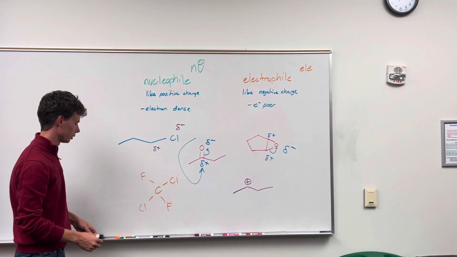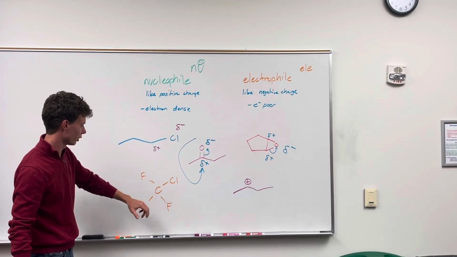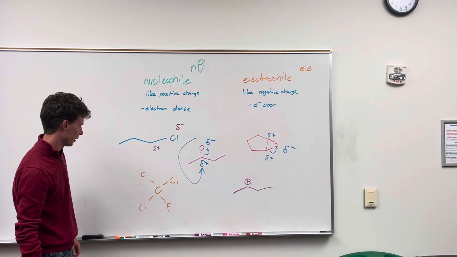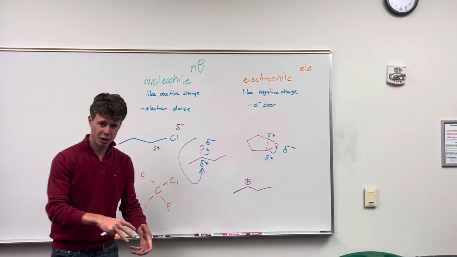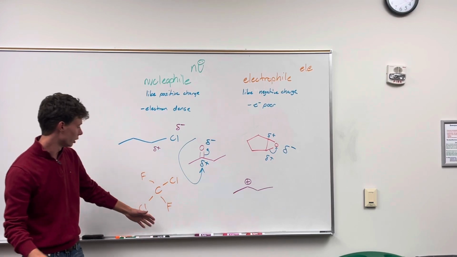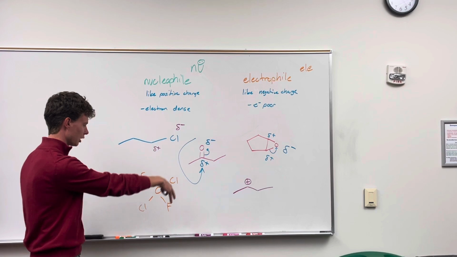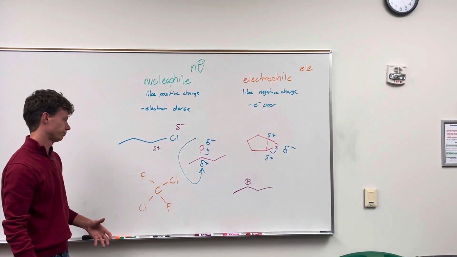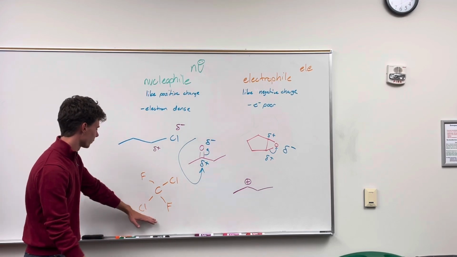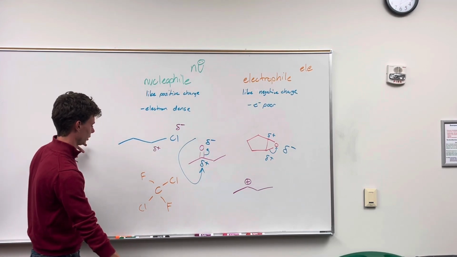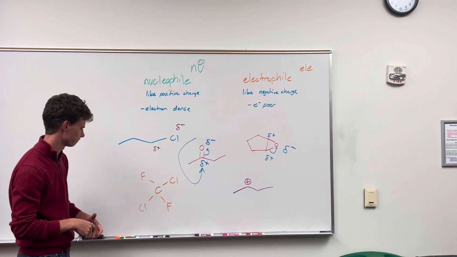And last example here we have is a carbon with 2 chlorine, 2 fluorine on it. And so yeah, we have an equal pull, right? So this would be a non-polar species here because we have equal pull there. Trying to think of the tetrahedral structure, yeah, should have it.